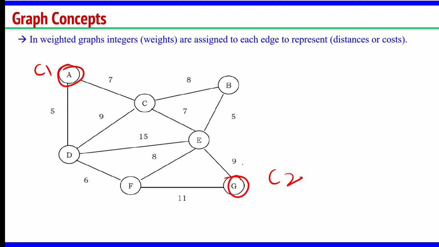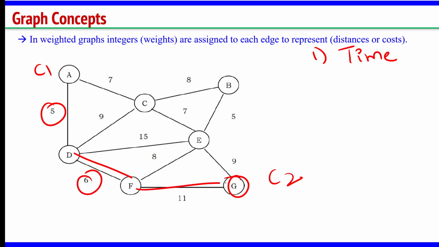There are different paths to reach from city 1 to city 2, right. This indicates the time taken in one instance. First one, I can assume this as time. So, this tells us that from A to D it takes 5 minutes, from D to F it takes 6 minutes, from F to G it takes 11 minutes. So, how much time does it take from A to G? If I take this path, 11 plus 11, 22 minutes it may take, for example. You can say minutes or hours, whatever is your choice.